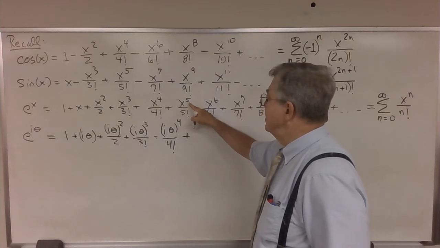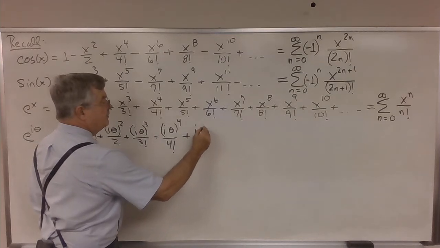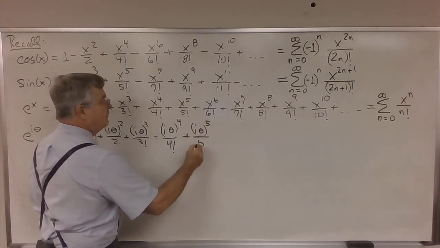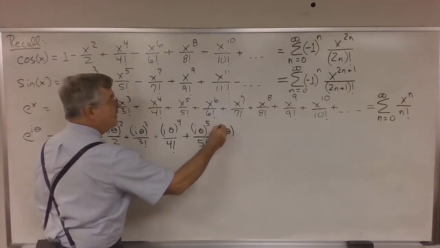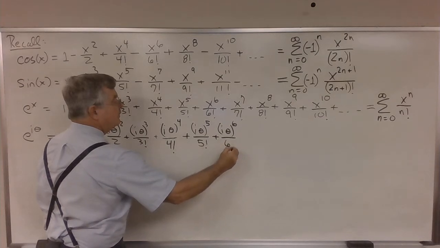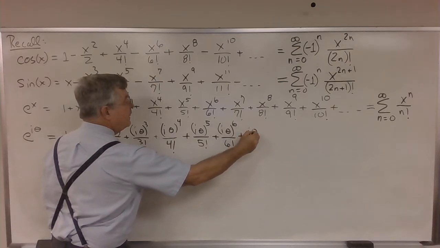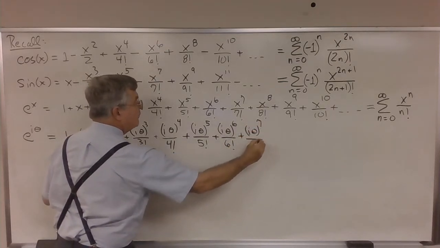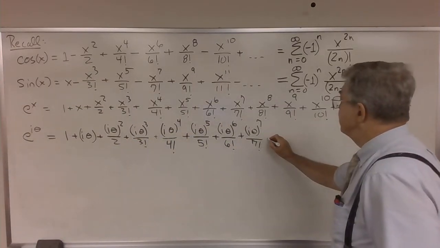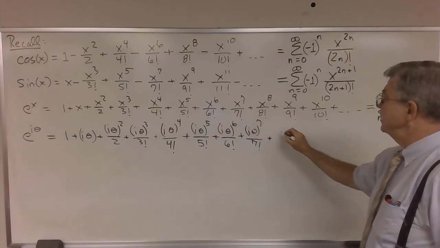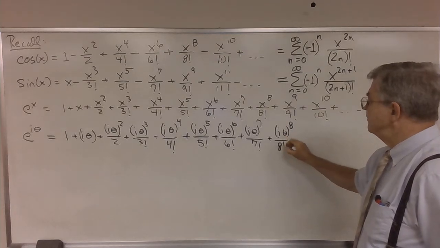And put i theta in here for x. We're going to get (i theta) to the 5th over 5 factorial. Put it in here for x. We'll get (i theta) to the 6th over 6 factorial. Put it in here for x. (i theta) to the 7th over 7 factorial. We'll get (i theta) to the 8th over 8 factorial.